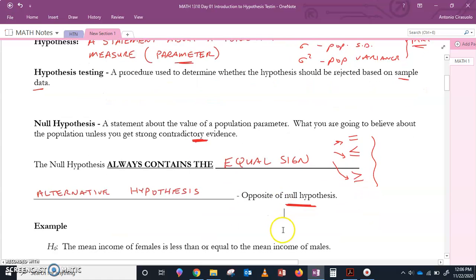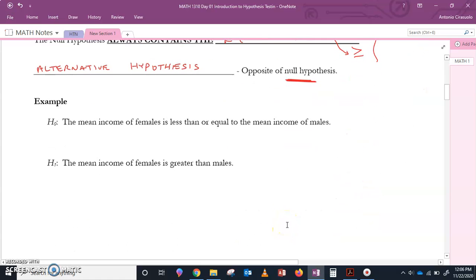So with that said, why don't we just look at an example, and we'll use this notation to show how this comes together. So you read a question, and the question might state the mean income of females is less than the mean income of males. So this is what you might read in the question, and when it comes to putting the hypotheses together, we can say in this case the mean income of females is greater than the mean income of males, and we always include the equality in the null hypothesis.